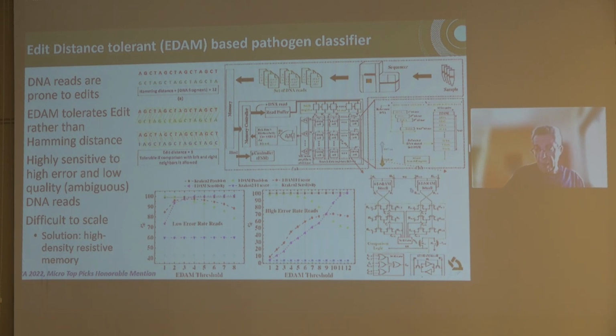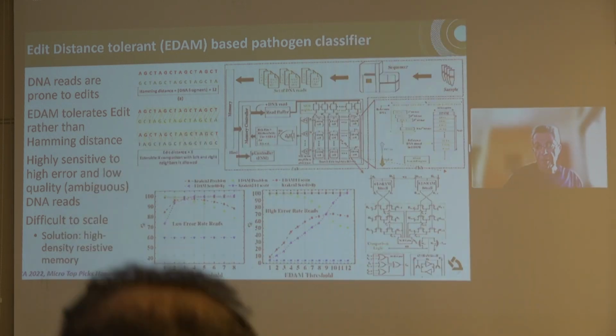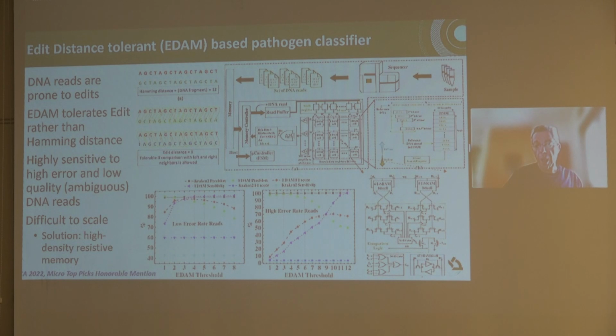Here at the bottom right, you can see the base cell, which is complex and very large, so it's not easy to scale, for which we have a different solution based on resistive memory that allows a much more dense implementation.